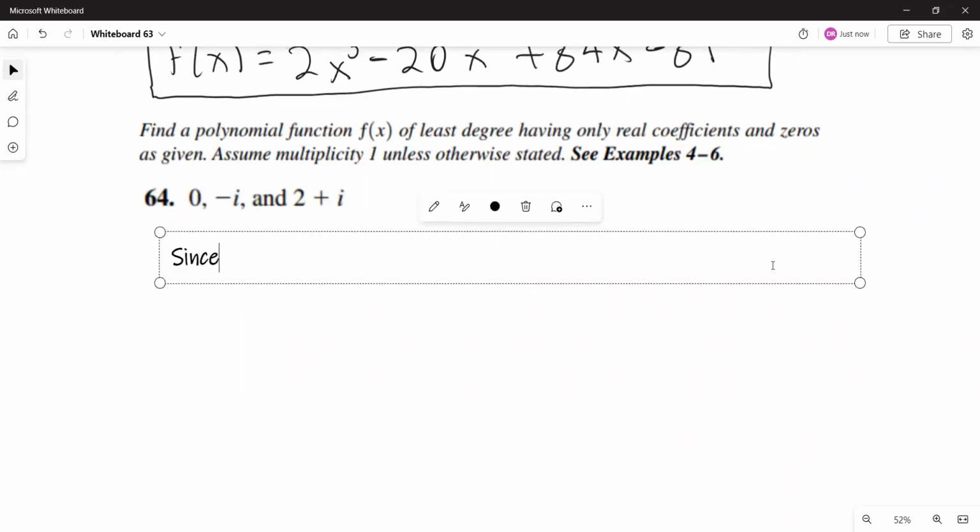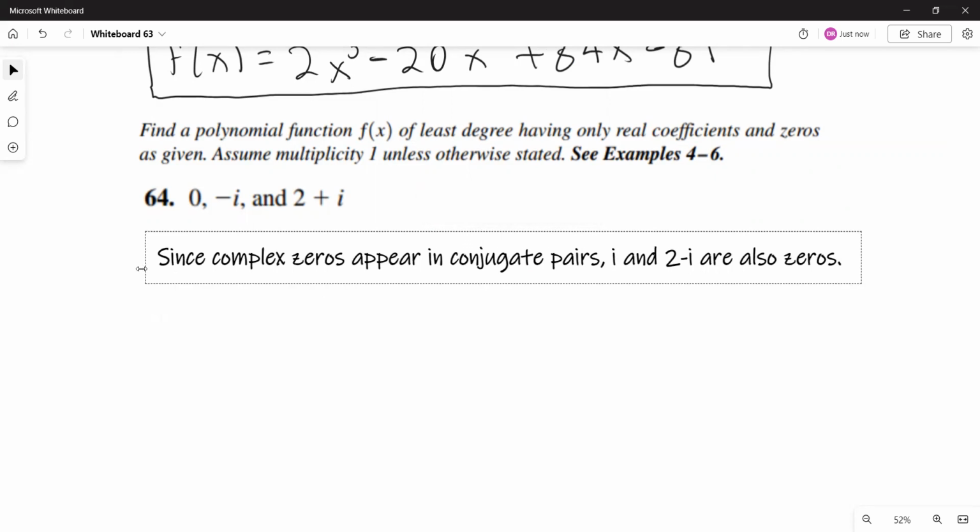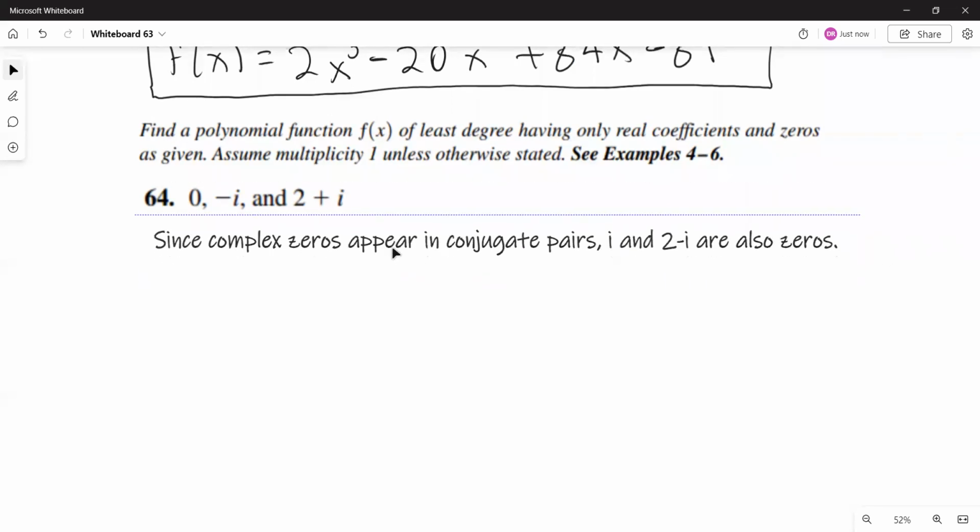Since complex zeros appear in conjugate pairs, i and 2 minus i are also zeros. And it doesn't say anything about the multiplicity, so we assume that the multiplicity is 1.